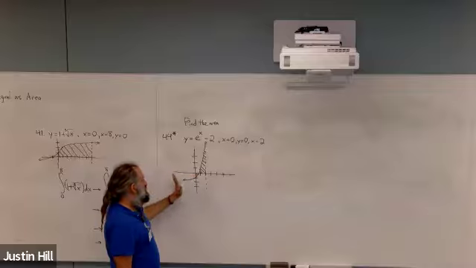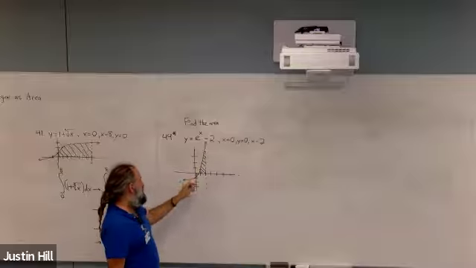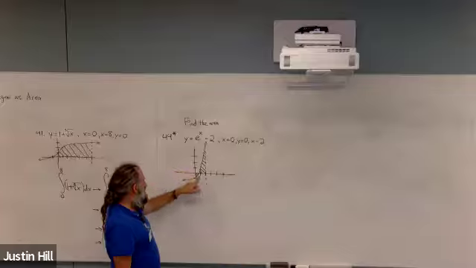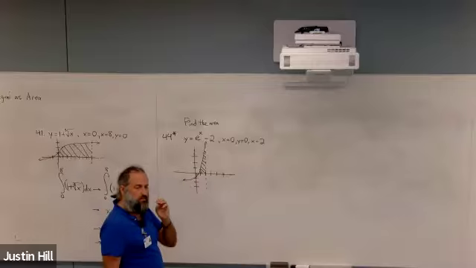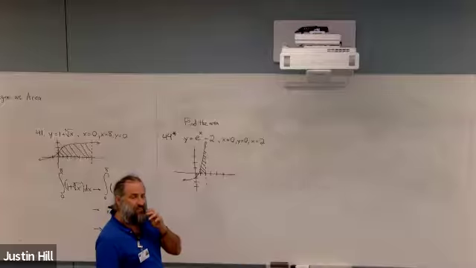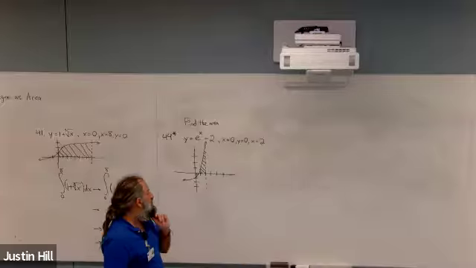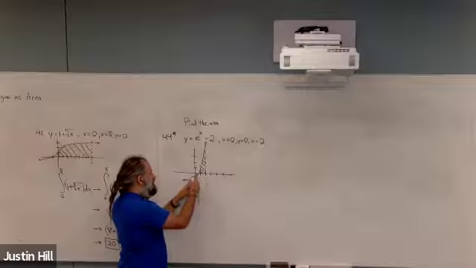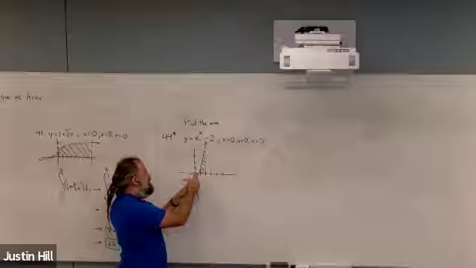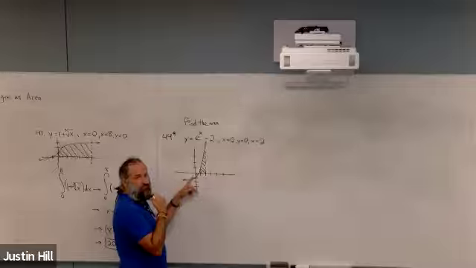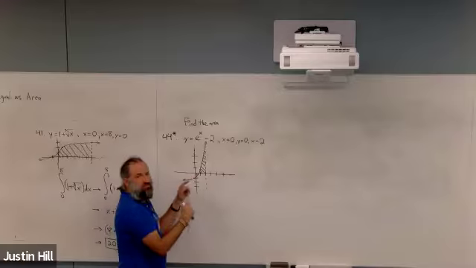Notice though, if we just do the integral of this, your f of x values between here and 0, are they positive or are they negative? Good, they're negative. So if you take the integral all the way from 0 to 2, the problem you're going to run into is the area you're going to figure out here is actually negative because your f of x values are negative.